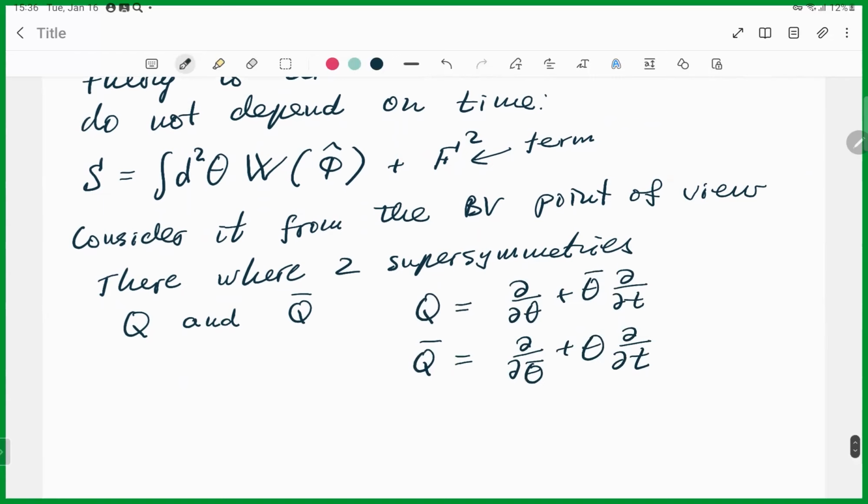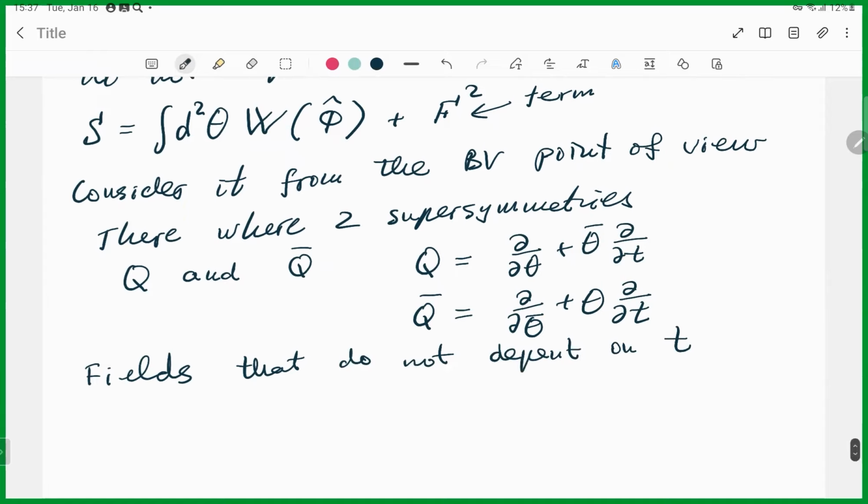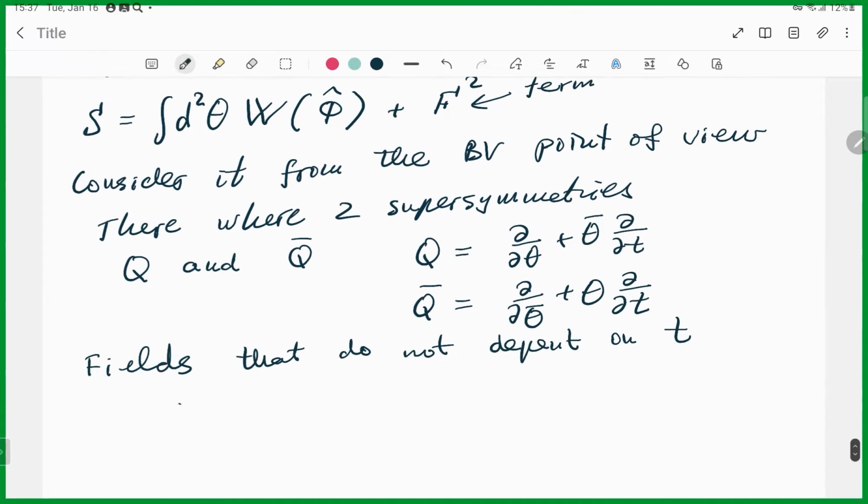Now we study fields that do not depend on t. So now Q is just this, and Q bar is just this.